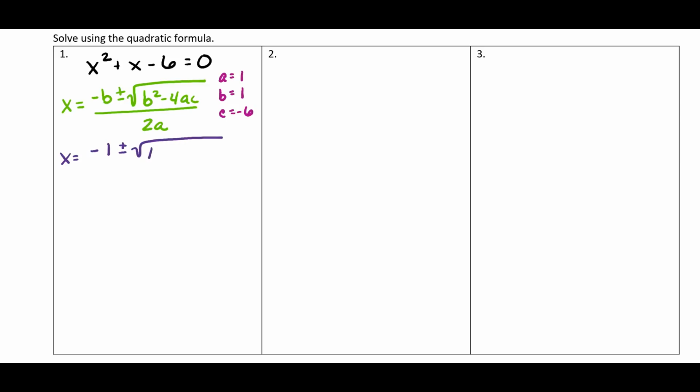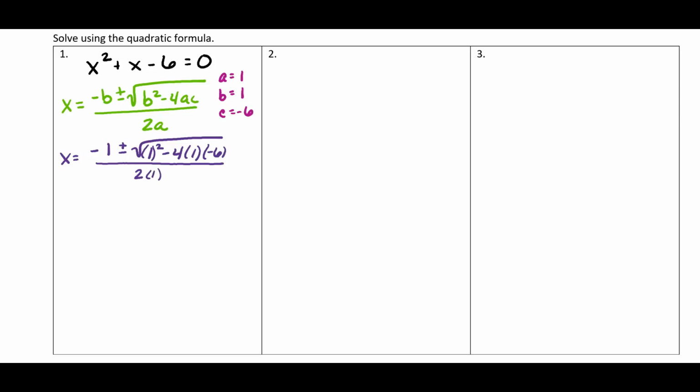B again is 1, and if it's a positive number, you don't have to put it in parentheses, but if it's a negative, you do. So it's a good habit to go ahead and put that number in parentheses, and then you never have to worry about whether you need them or not. Minus 4 times 1 times -6, all over 2 times 1.